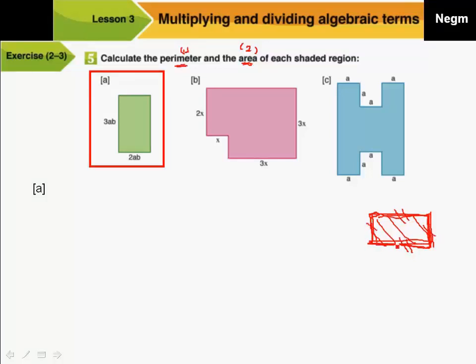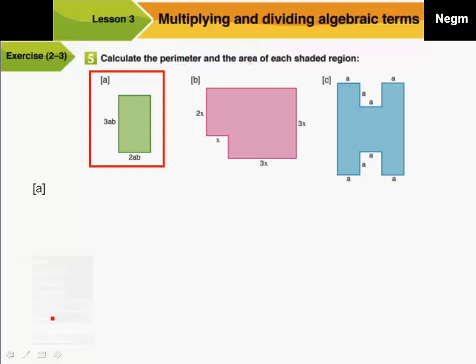So if we add the length plus the width and the result multiplied by 2, you will get the perimeter. Why? Because this plus this is equal to this plus this. So you have to calculate once as width plus length and multiply the result by 2.